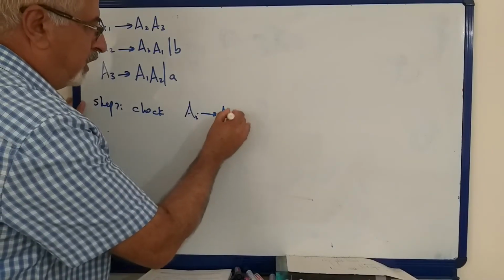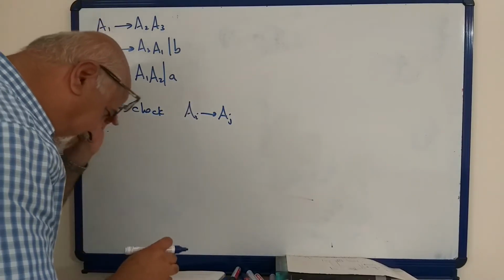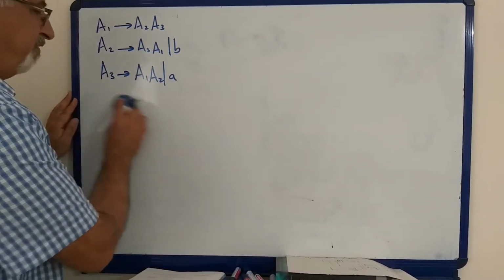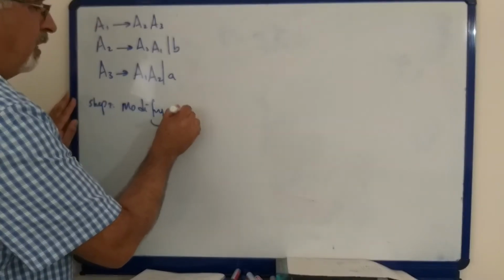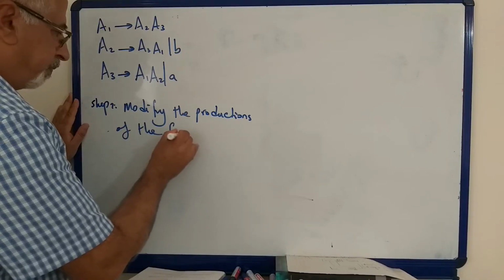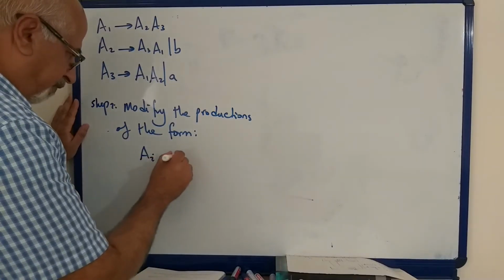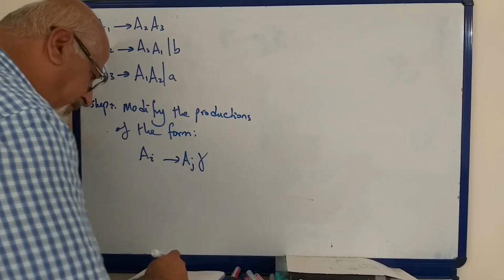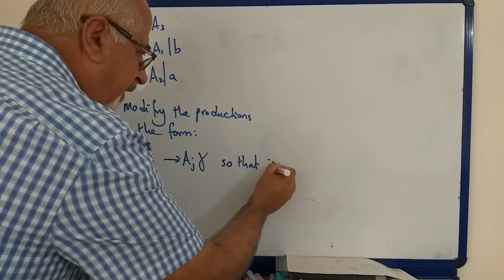Step 2. Modify the productions of the form Ai gives Aj gamma, so that j should be greater than i.